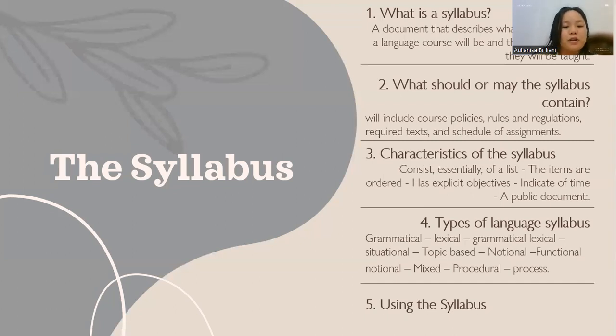Next is procedural. This syllabus specifies the learning tasks to be done rather than the language itself, or even its meanings. Examples of tasks might be map reading, doing a scientific experiment, or story writing.